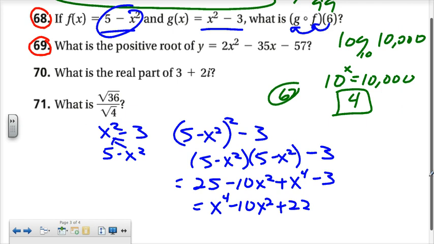And then it just becomes a calculator problem by putting 6 wherever you see an x here. So we need 6 to the 4th minus 10 times 6 squared, which would be 36, so we'd have 360. And then we need to add 22.